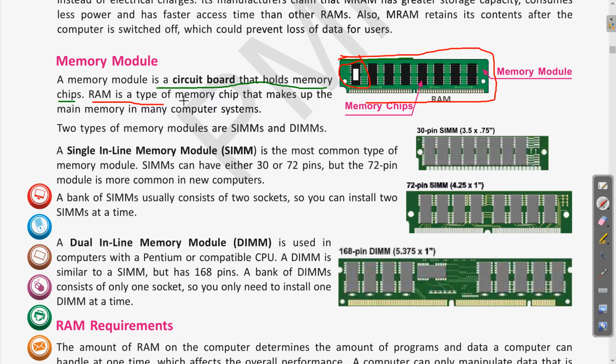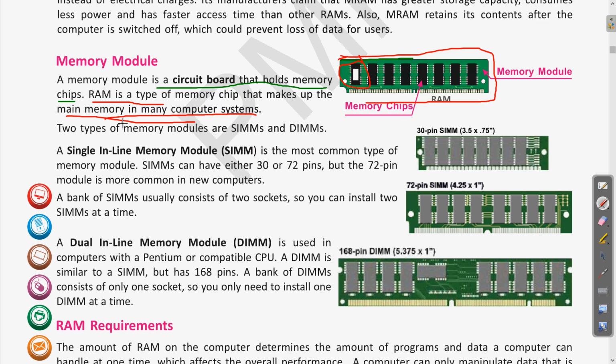Yes, recall it. Dynamic RAM, static RAM, and magnetoresistive RAM. Just now we have seen them. Now RAM is a type of memory chip that makes up the main memory in many computer systems. Clear? So already we have seen that for main memory we are using RAM.